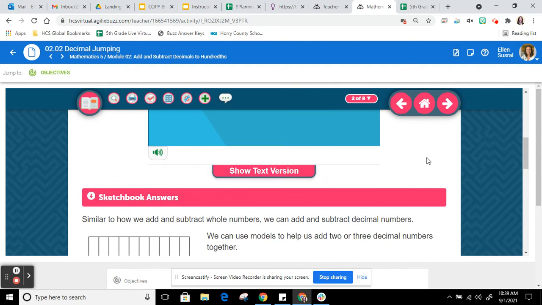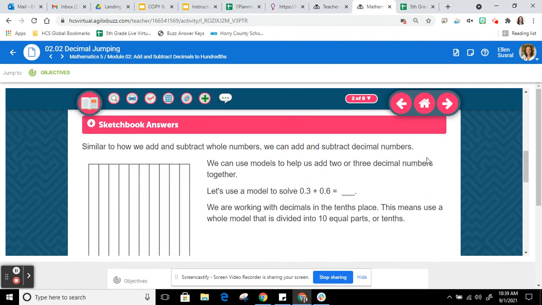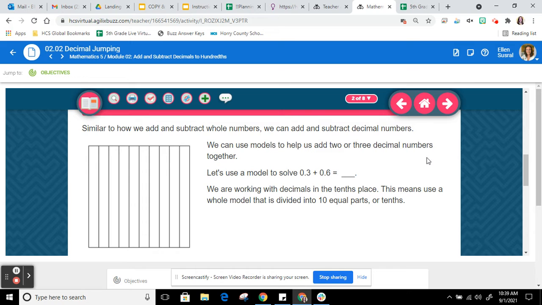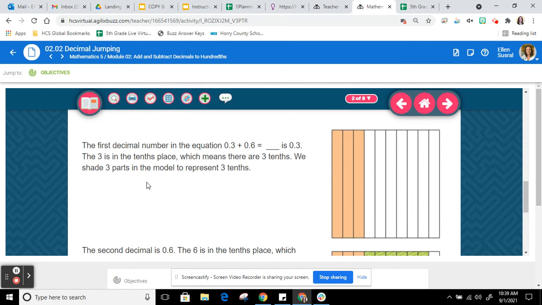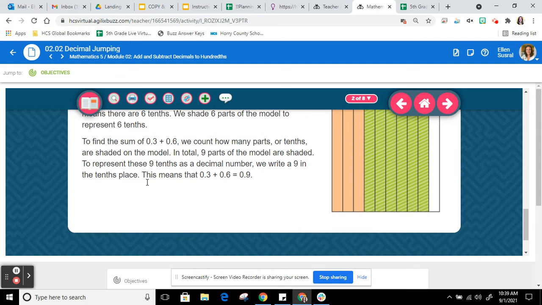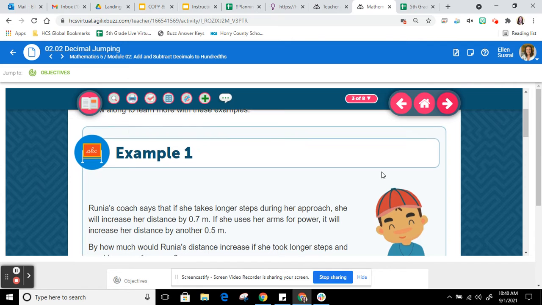So there are interactive activities, things for you to listen to. There are examples that step by step show you what to do when you're using your models to solve addition and subtraction of decimals. It shows you exactly step by step what to do, and it walks you through every step. So it's important to go through this lesson.